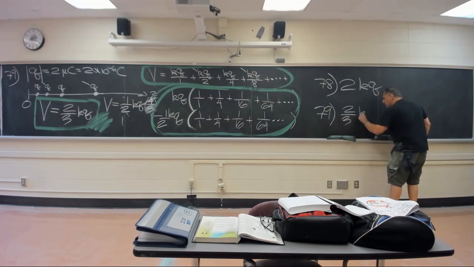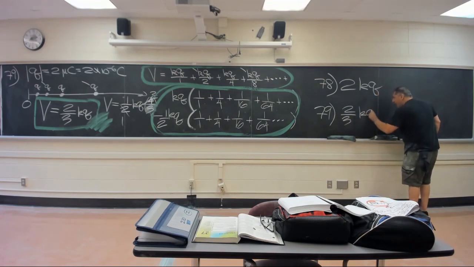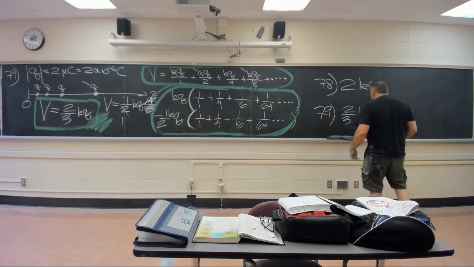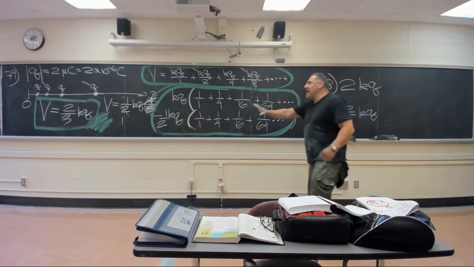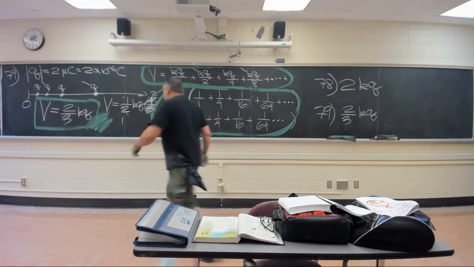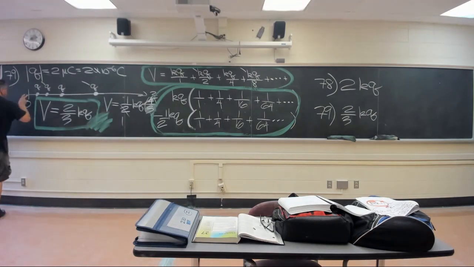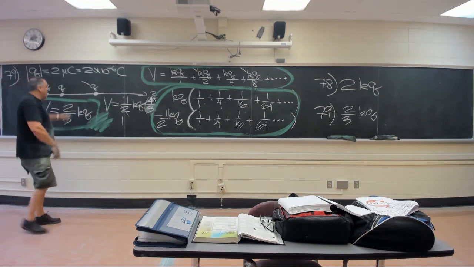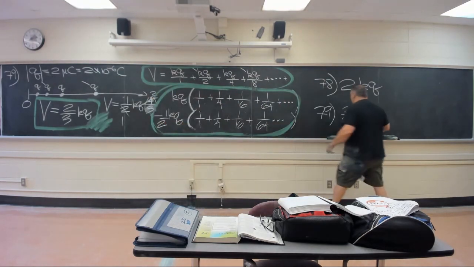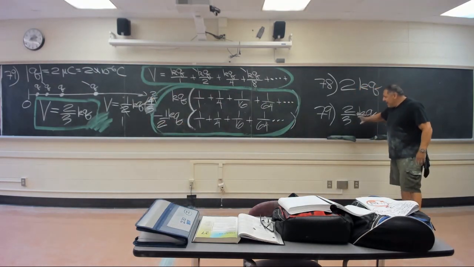It's not going to be as much potential because you got the negative charges trying to draw in the positive. The negative charges want to draw in the positive test charge, whereas the positive charges want to fight it. So you still got to do work to get it to this point from an infinite distance away. For you to bring it to here, you still got to do a lot of work. When these are alternating like this, there's this much potential that has to be overcome for the positive test charge.